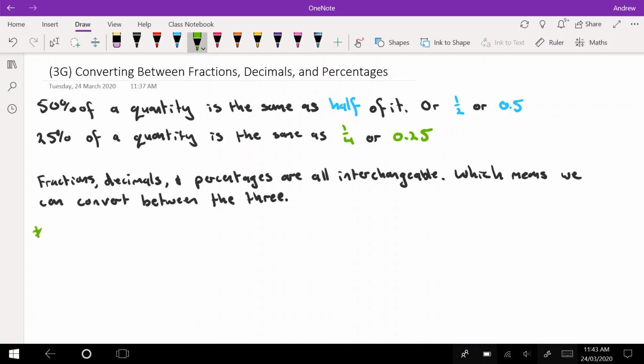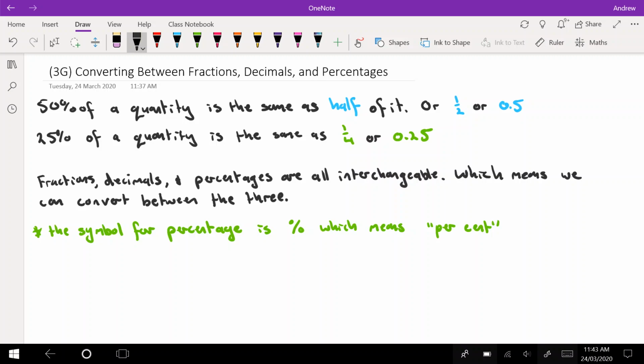So, for a percentage, the symbol for percentage is that little dash with the 2 circles above and below. That's how we denote a percentage. And it means percent.